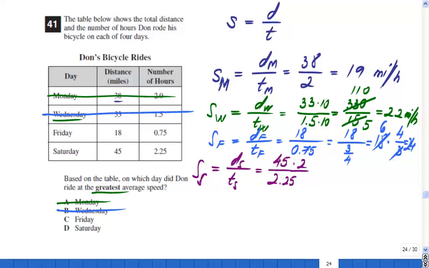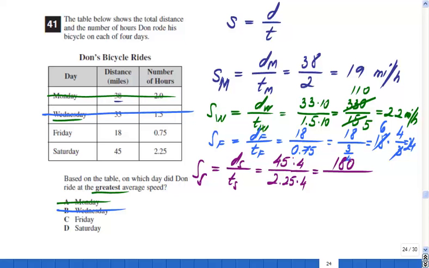Well, I'm thinking about here, what should I multiply? Maybe by 4. Okay, let's do it by 4. So 45 times 4. Well, 45 times 2 is 90, times 4 will be 180, right?